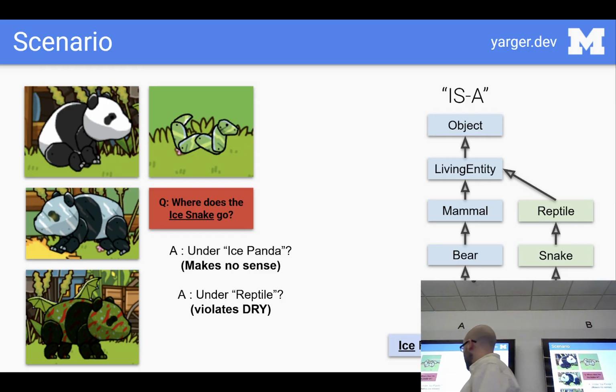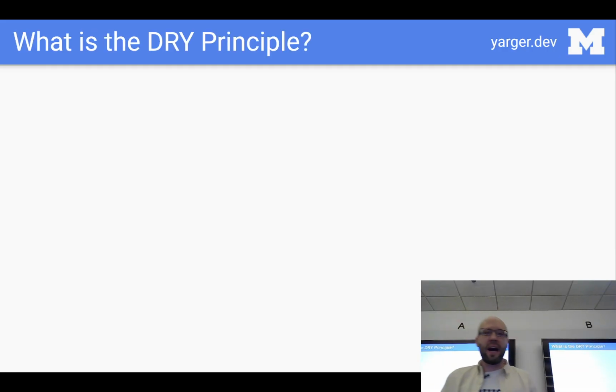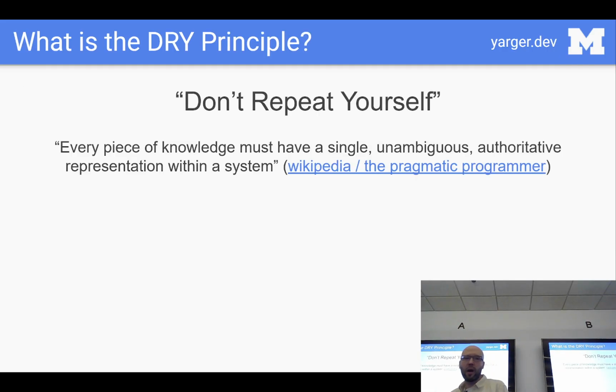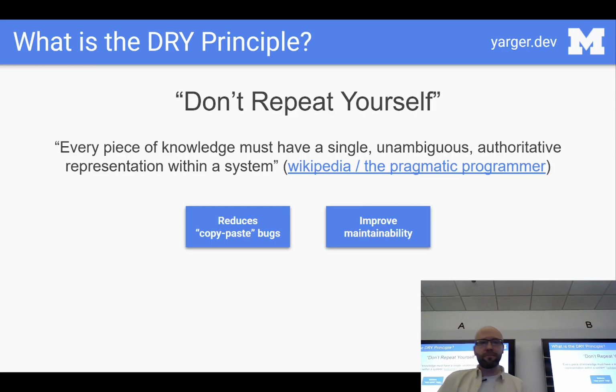If you look in this inheritance hierarchy, you now have ice functionality in multiple places in your inheritance tree. Okay, this is not what you want. A reminder, the DRY principle, don't repeat yourself.